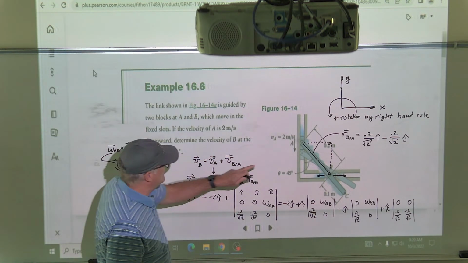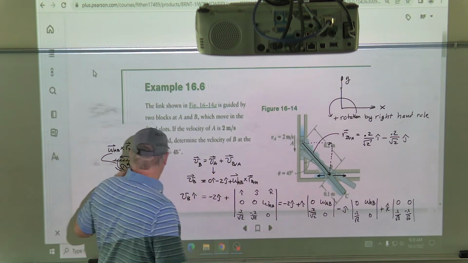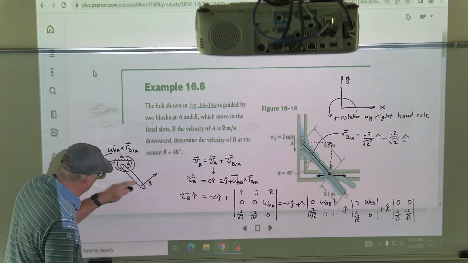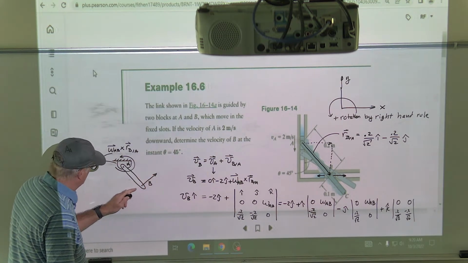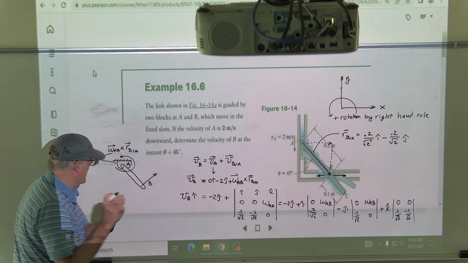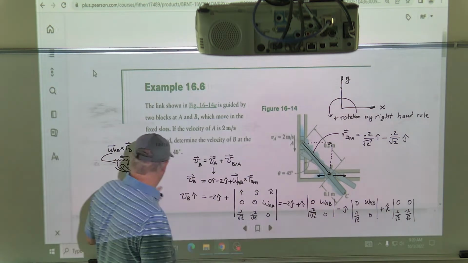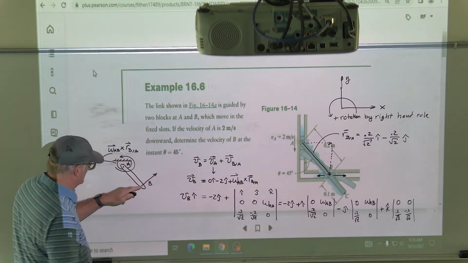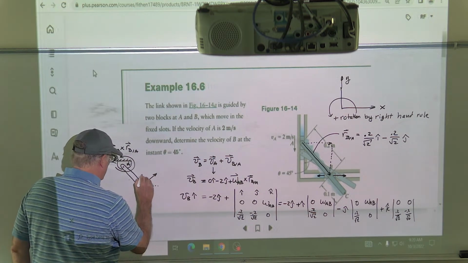Even though I know this thing is translating and this point is moving down, the person sitting there sees this. Since it's rotating only about this, it's not going into the board, meaning there isn't a K component of this velocity vector. There's only an X component out here and a Y component out here.